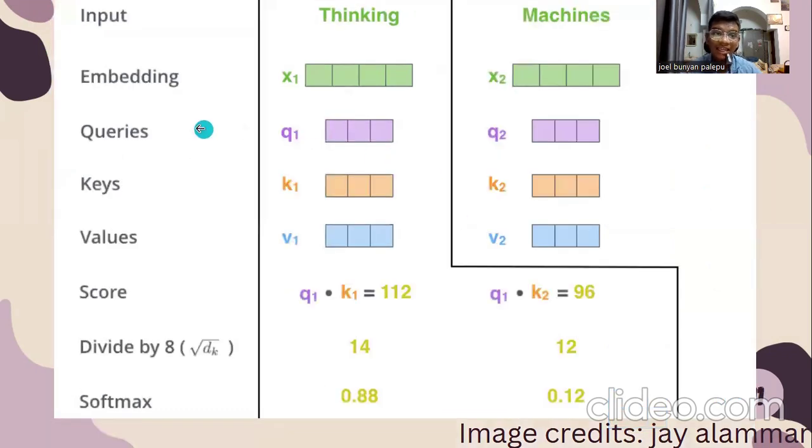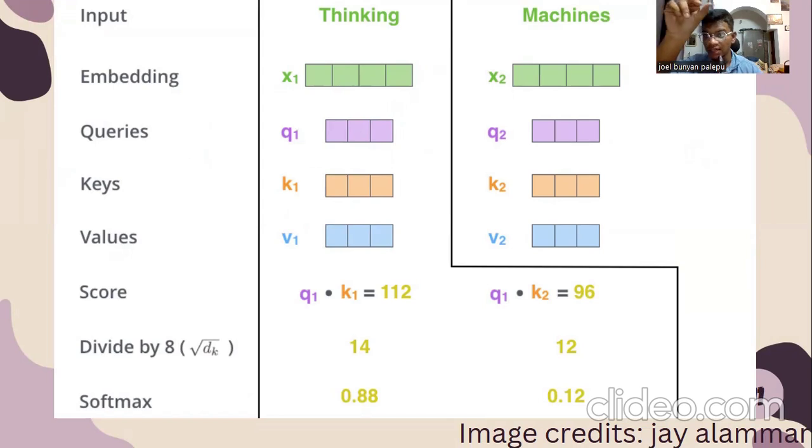So after we calculate the query, key, and value vectors, we are going to find the similarity between each query vector and the other key vectors. We have many x values in the sequence.